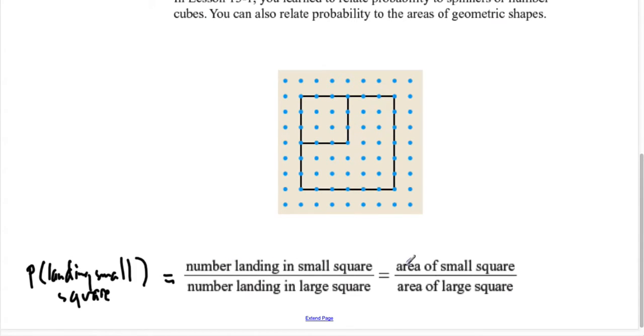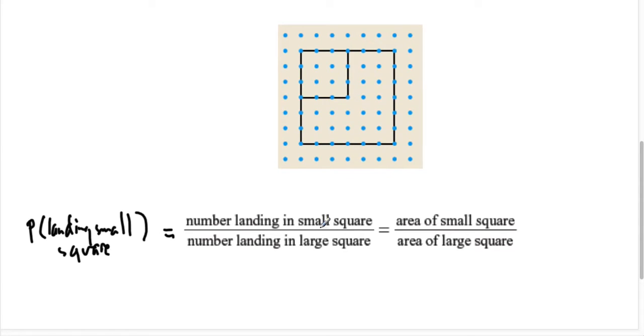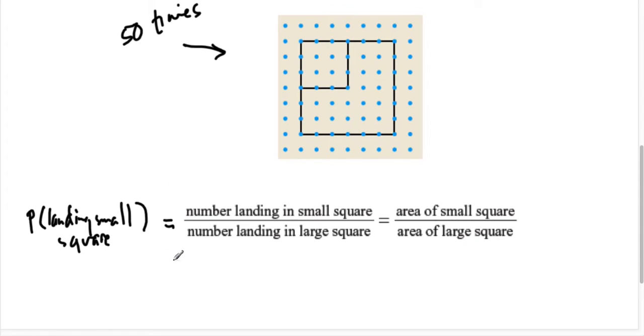This is the same as the area of the small square over the area of the large square. Let's see how this is done. Let's say I throw the beanbag 50 times into that target. What is the probability of it landing in that small square? This is the formula that we need to use.